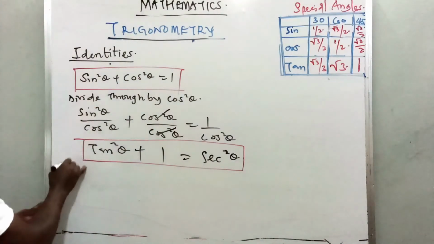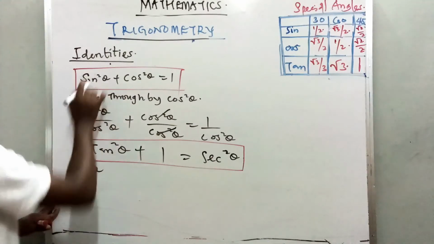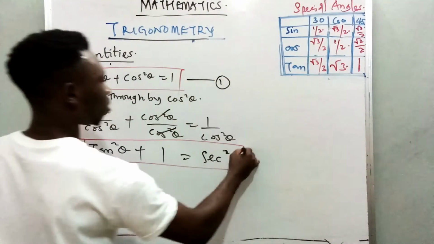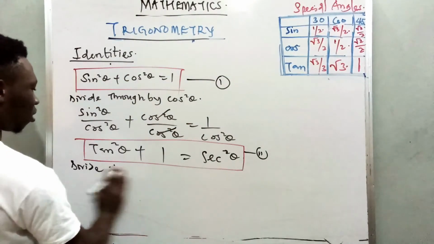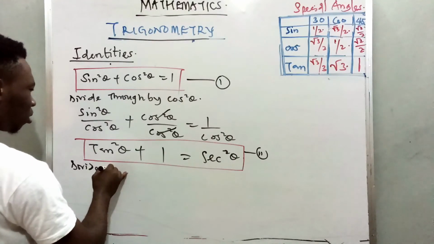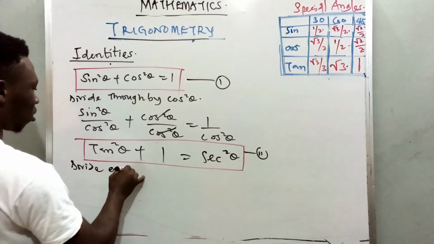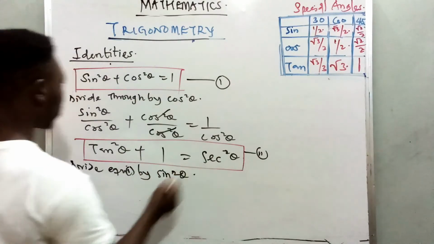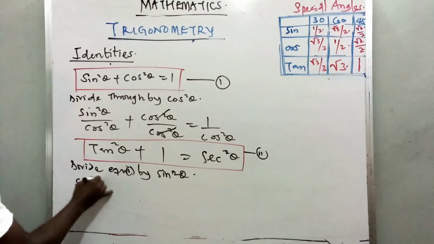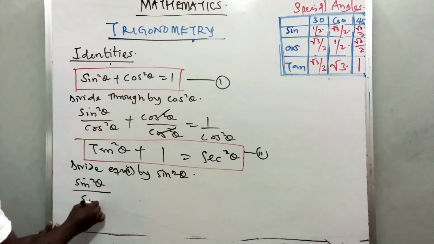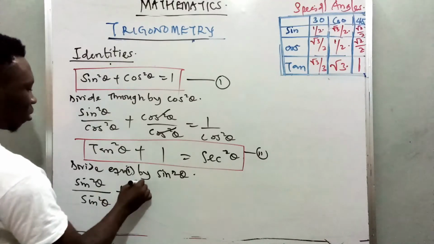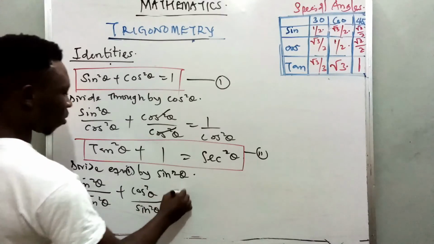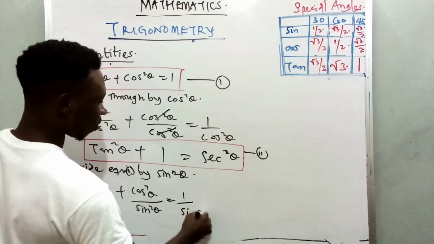So let's call this equation 1, call this equation 2. So let's divide equation 1 by sine squared theta. So that becomes sine squared theta over sine squared theta plus cos squared theta over sine squared theta is equal to 1 over sine squared theta.